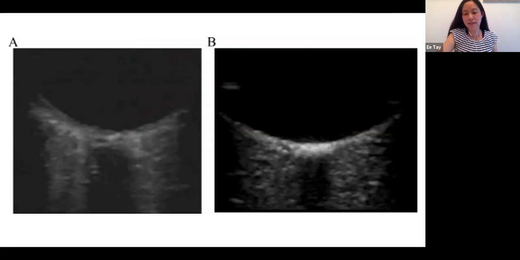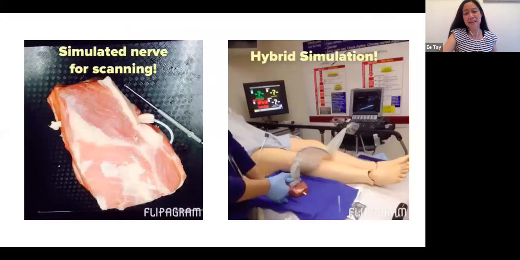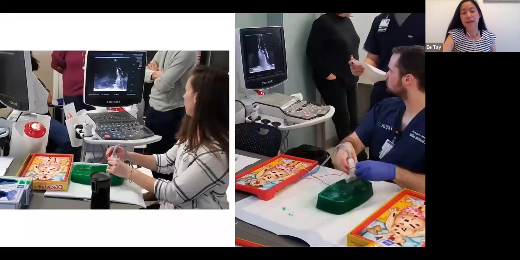Then some people took tendons and inserted them through another piece of meat, and then they try to use that to simulate a nerve, to find the nerve with ultrasound. And this is Rush University when they're doing their training. What they did was they took the Operation game and grounded it. They basically hacked the game, and then they inserted another electrical cord onto the ultrasound.